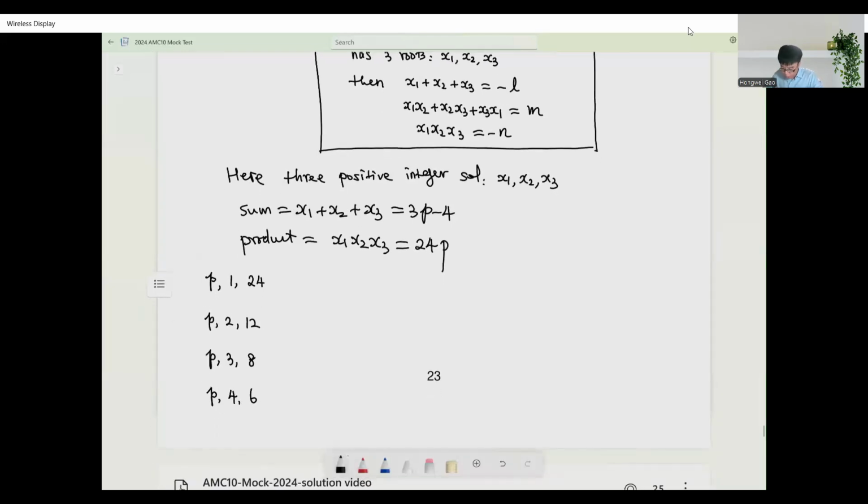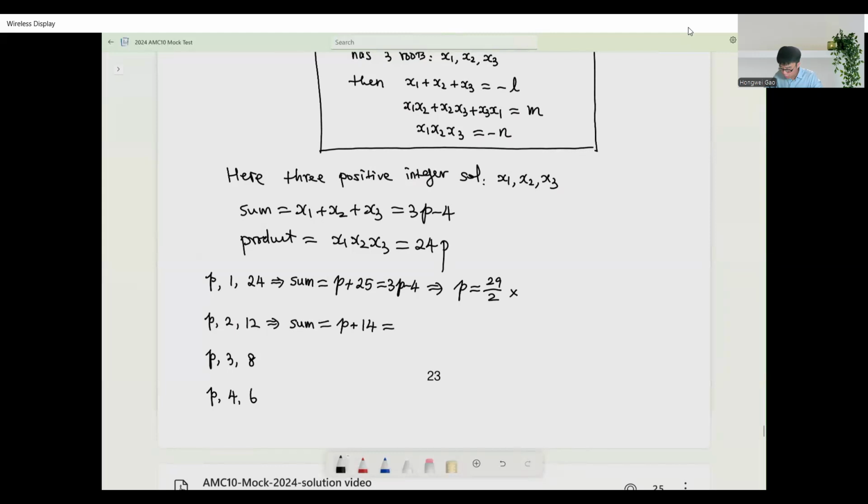Let's discuss each case. In this case, the sum will be p plus 1 plus 24, so it's p plus 25. It's supposed to be equal to 3p minus 4. That helps us figure out p. Here, p equals 29 over 2. This is not a prime number, so this case does not work. Second case, the sum is p plus 2 plus 12, so it's p plus 14.